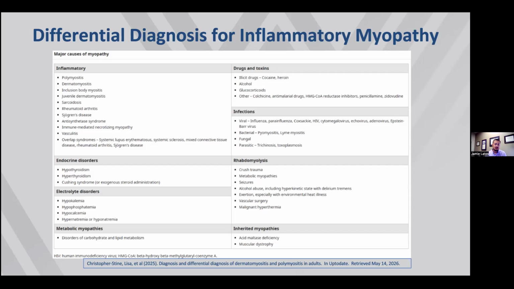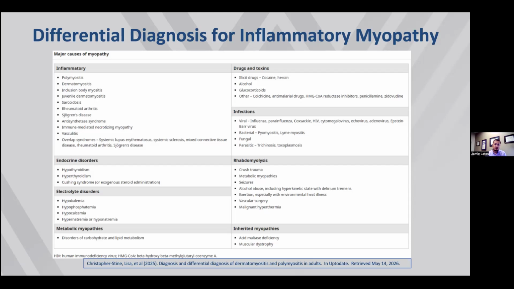And so this can be anything from chemical exposures to illicit drug use, to chronic alcohol use, anything under that umbrella can contribute, including some prescription drugs. Just to point out a few, we use colchicine quite frequently to treat things like gout and pseudogout.